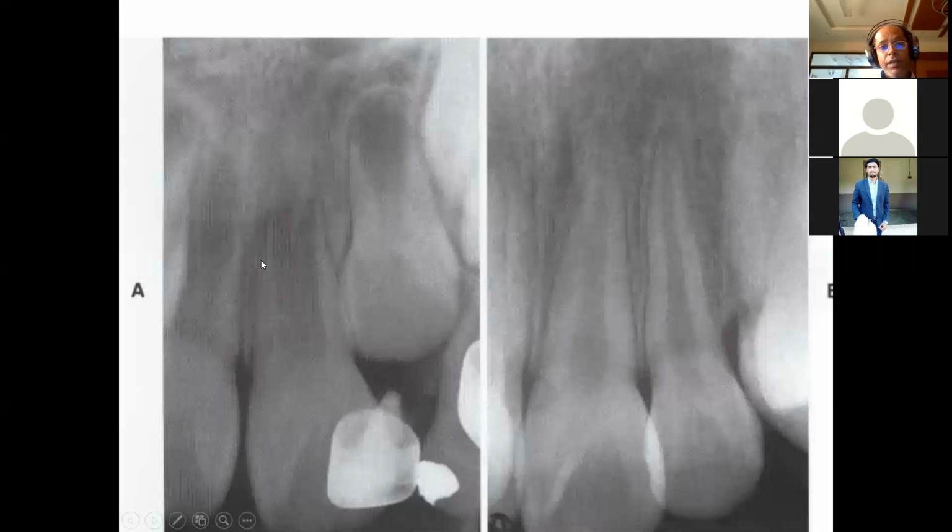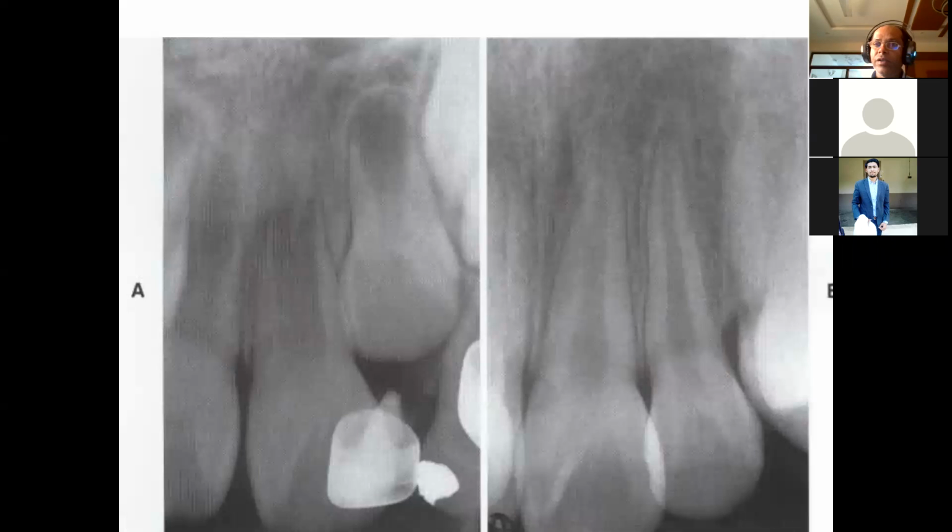So if the tooth has erupted but the root is still completing, it takes at least 2.5 to 3 years after eruption of the tooth to complete the root formation.